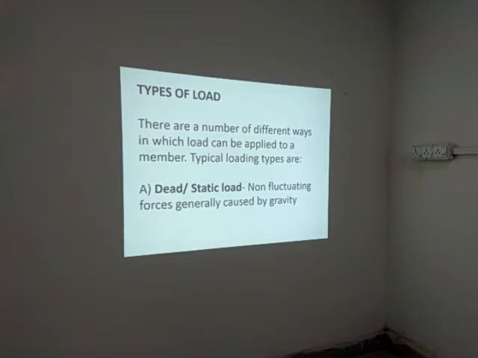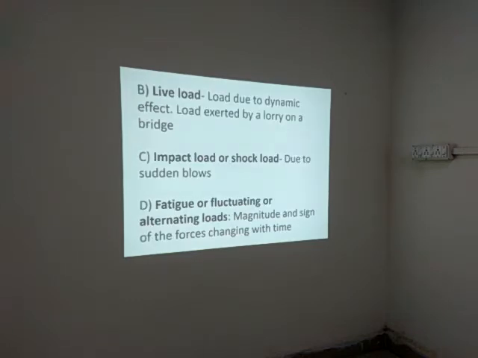The second type is live load, which is a type of dynamic load. It varies from a minimum value to some higher value. The load exerted by a lorry on a bridge, the traffic on a road, or people walking on a slab are all types of live load.